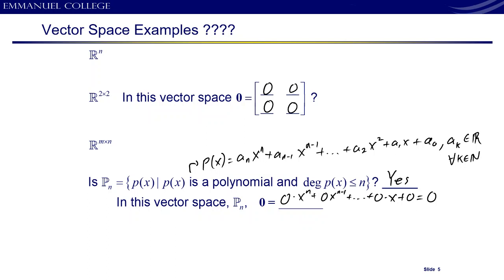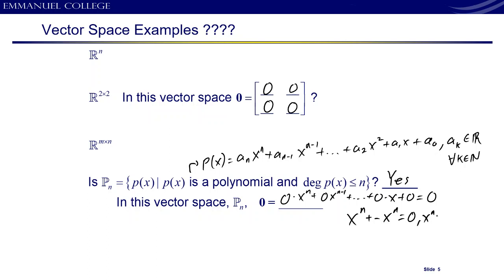That's why it specifically says less than or equal to n and not equal to n. Because if you said it had to be equal to n, nothing has inverses. If I do x to the n plus negative x to the n, I get 0, which is degree 0.